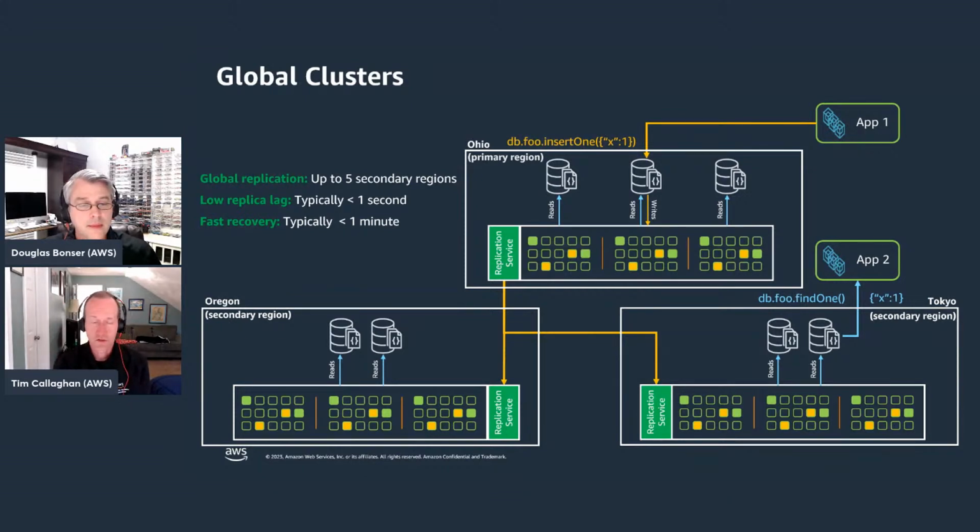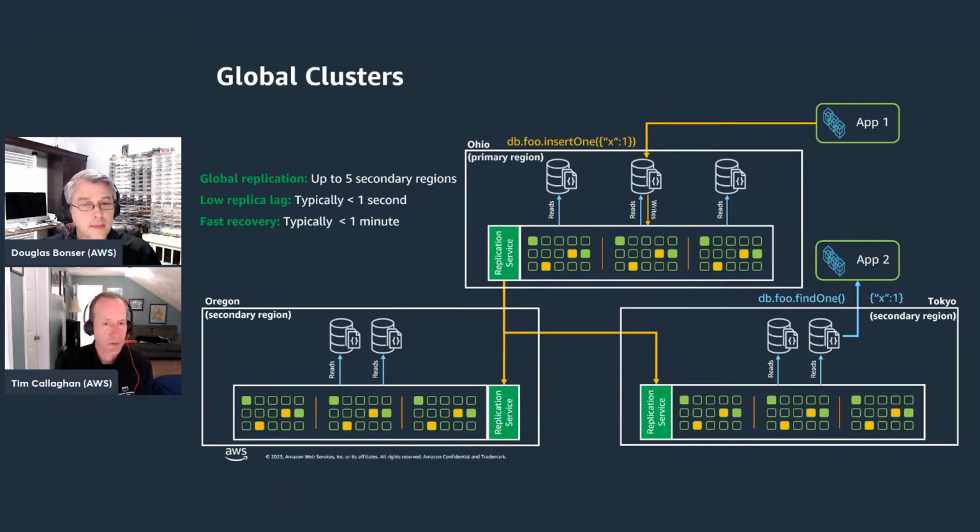Global clusters allows you to select up to 5 secondary regions. So you have a cluster in US East 1, and you want to put another cluster in US East 2 in Ohio, for example. In the console, CDK, or CLI, you can add a remote cluster to your existing region. The data is going to seed pretty quickly.